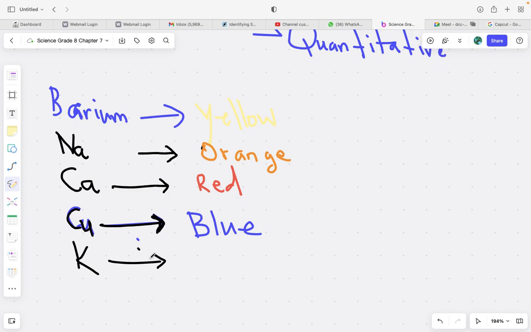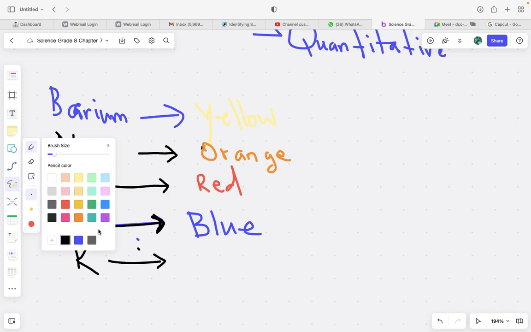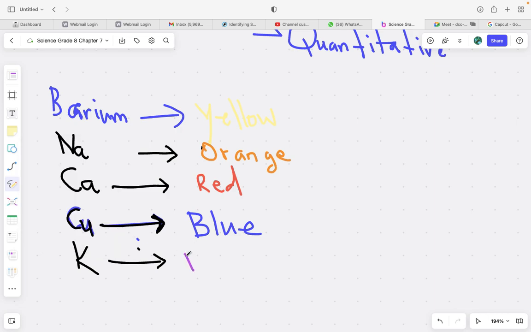Potassium is K. So which color? Purple. Okay, now let's look for purple color here. There's purple. Okay. Potassium gives a purple flame, right?